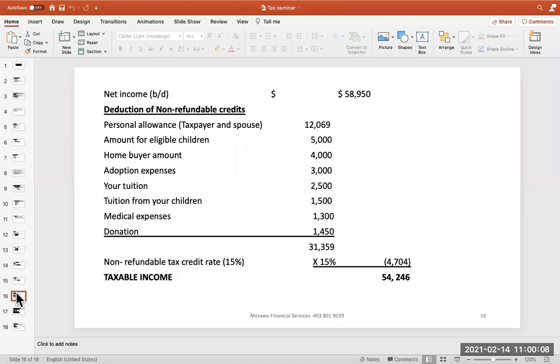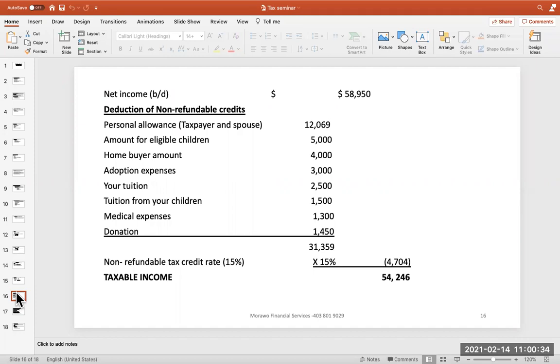Taxpayer and spouse, you are given some allowance if you are married, and then let's say it's 12,000 a month. For eligible children, you have children under 18, you're given some amount. Home buyer, given an amount for your first home. Adoption expenses, tuition for your children, medical expenses, donation.